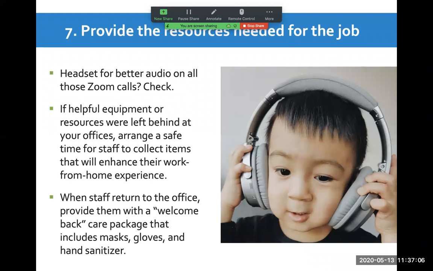Also, make sure that if staff left some equipment back at the office and they're transitioning to working at home indefinitely, you give them time and space to come get those items that will enhance their work from home experience. And I would also encourage you to think about even having a welcome back package that has things like masks and gloves and hand sanitizer. So that's number 7.